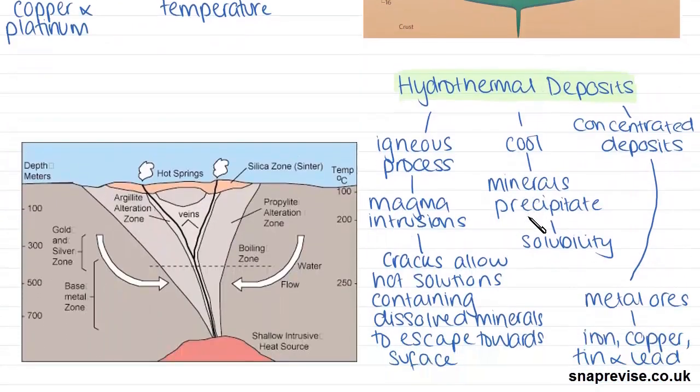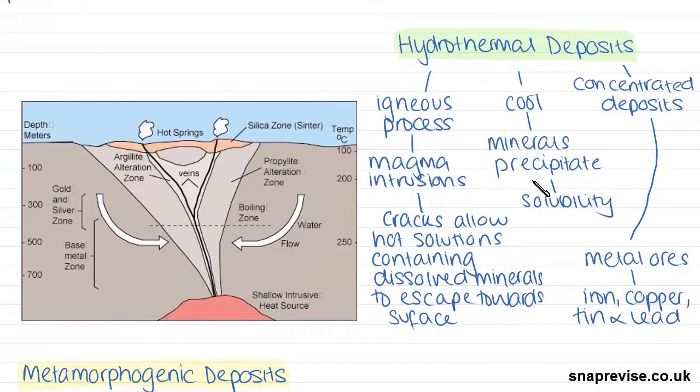The next type of deposit we have is called a hydrothermal deposit, and looking at hydrothermal, we can see the words hydro meaning water and thermal meaning heat, so these are the processes that are going to be involved. Hydrothermal deposits are mostly associated with igneous processes, associated with magma intrusions as well, as we saw with the magmatic deposits.